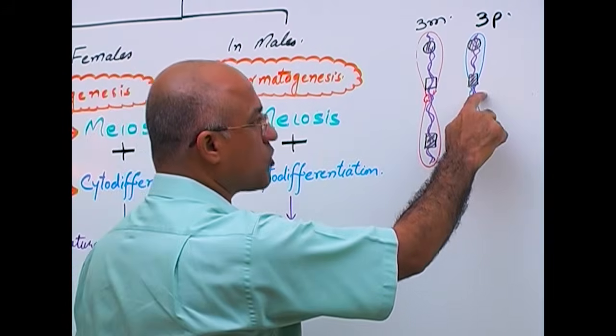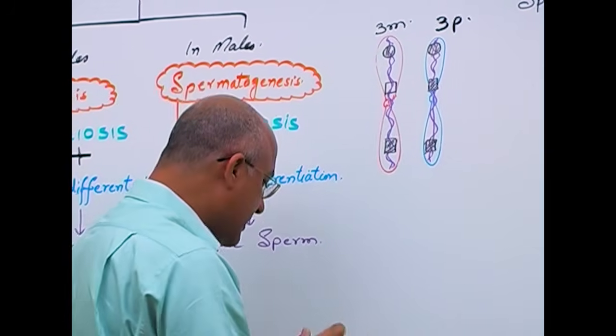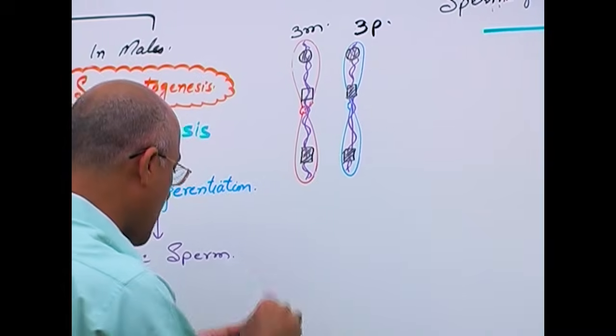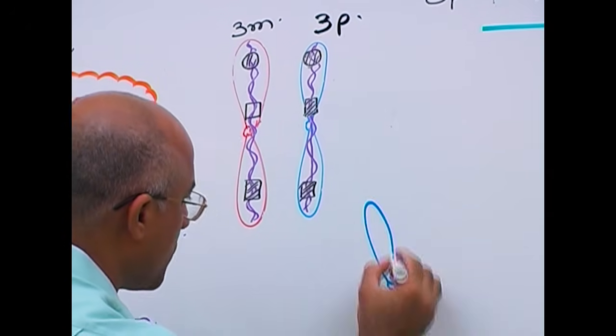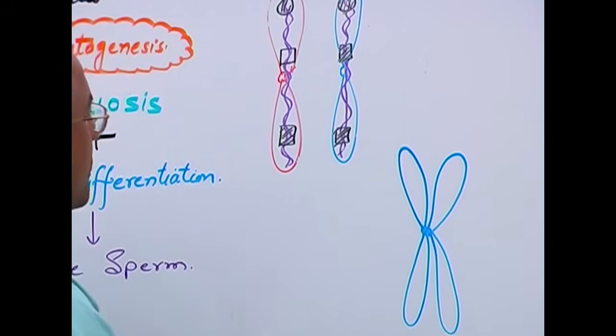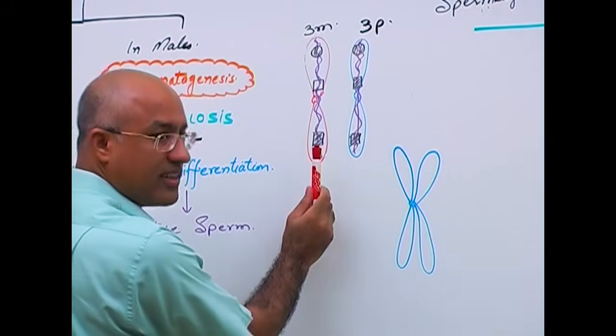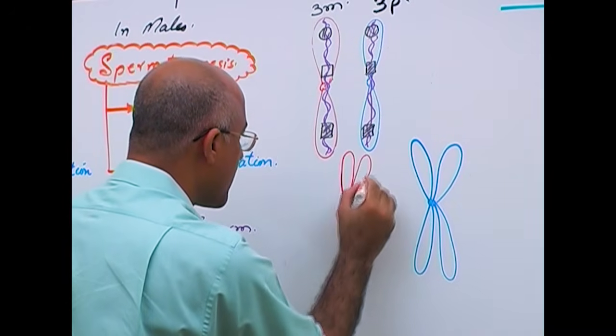Let's suppose this chromosome replicates its genetic material. When the DNA replication occurs, what will happen to this chromosome? After DNA replication, this chromosome will become duplicated. In the same way, if DNA has been replicated in this maternal chromosome, this maternal chromosome will also become duplicated.